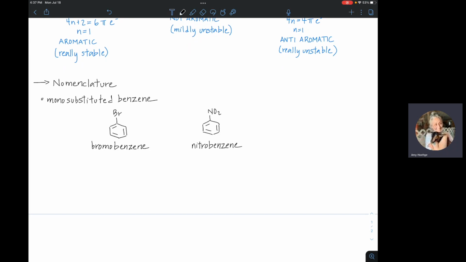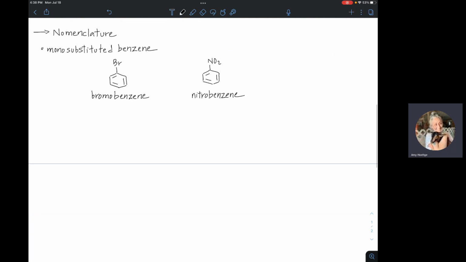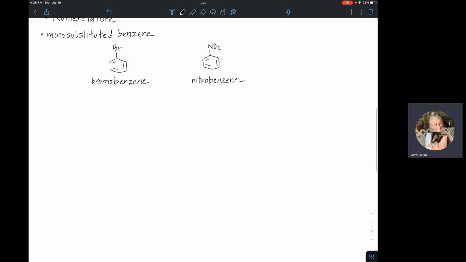But I know that you could probably imagine that we're not rolling around with just one single substituent on a benzene ring all the time, right? And some of these actually have common names, so we should probably spend a little time talking about those.